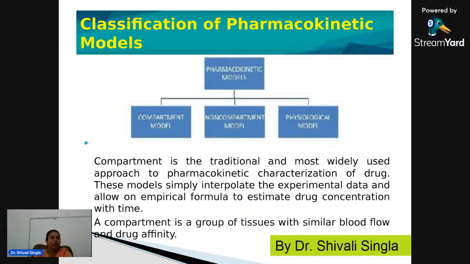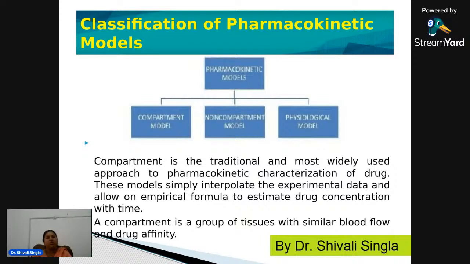These models simplify and interpolate the experimental data, and allow an empirical formula to estimate drug concentration with time. Means when a person is taking a drug, and we withdraw blood samples from time to time, with the help of the drug concentration in the blood we can gather a lot of data related to ADME directly, related to absorption, distribution, metabolism, and excretion.